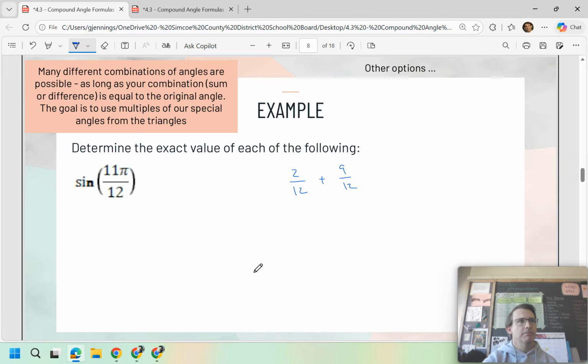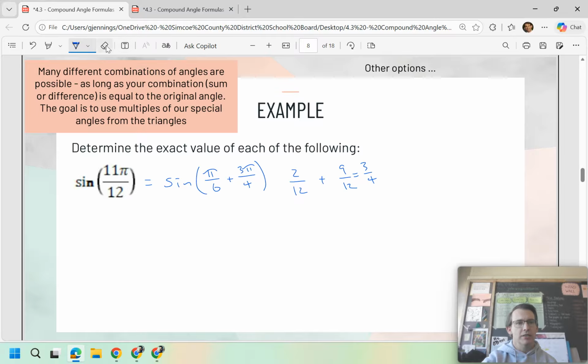How does that look? Better. It's a little better, eh? And I happen to know these, right? So this would be the same thing as sine of 2 on 12 pi. So pi on 6 plus 9 on 12. That's the same thing as 3/4. So 3 pi on 4.